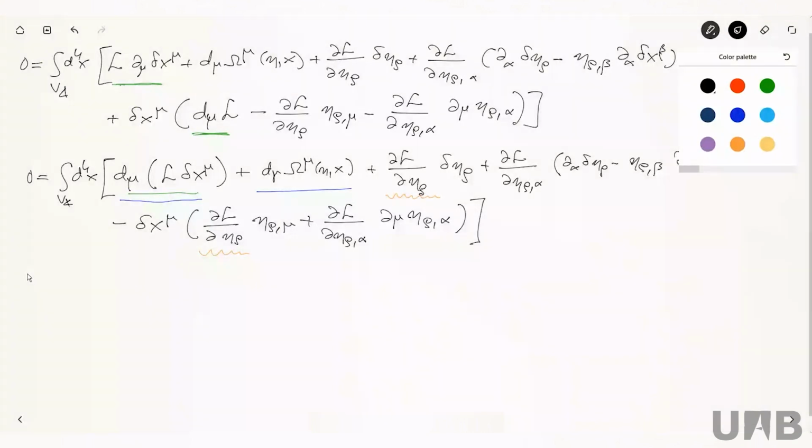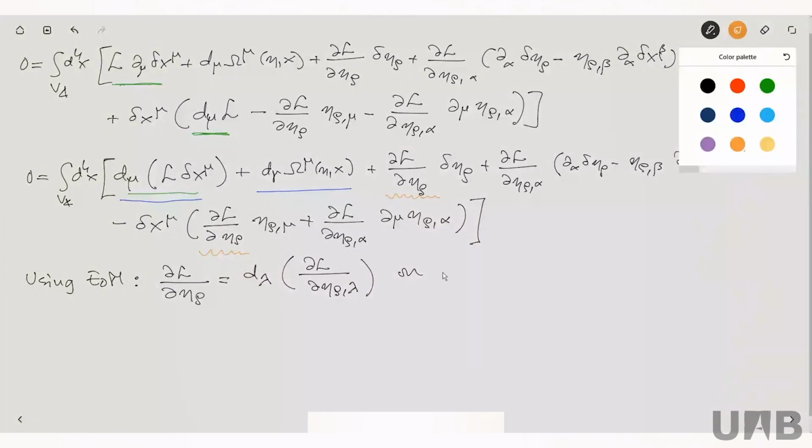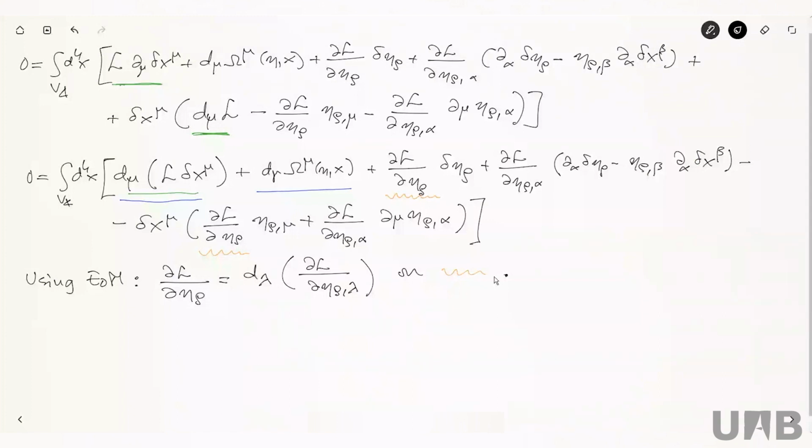So using the equations of motion, which is derivative of L with respect to eta rho equals total derivative, remember, because now we're considering a Lagrangian which depends explicitly on x, with respect to eta rho comma lambda. So we're going to use the equations of motion on these terms. Okay, so let's do that.